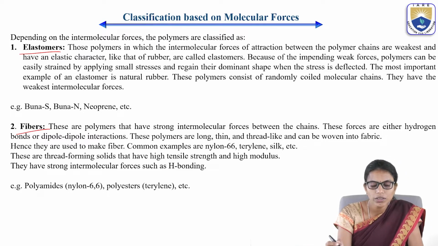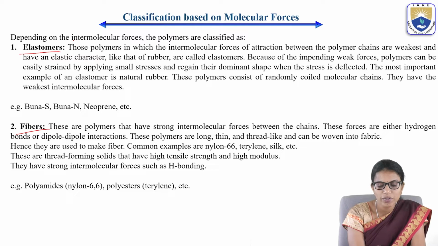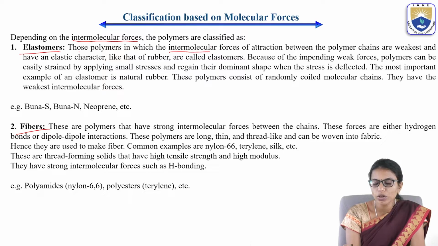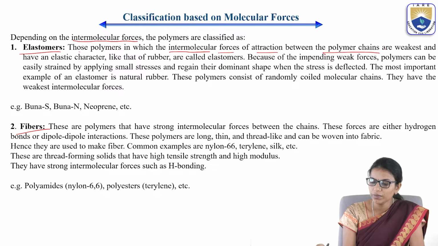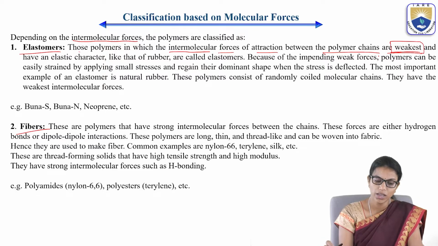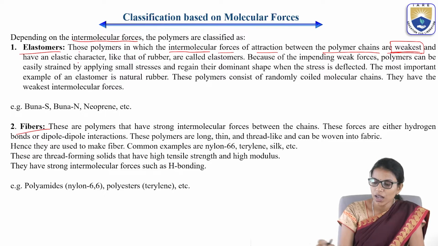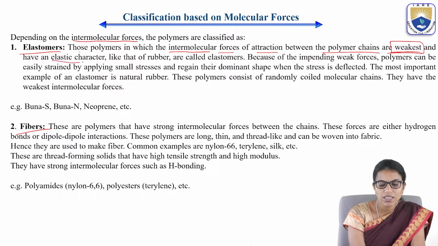Now, depending on the intermolecular forces, the polymers are classified. Elastomers are those polymers in which the forces of attraction between the polymer chains are weakest. That weakest is the most important point, then only an elastomer will be formed, and it has an elastic character.